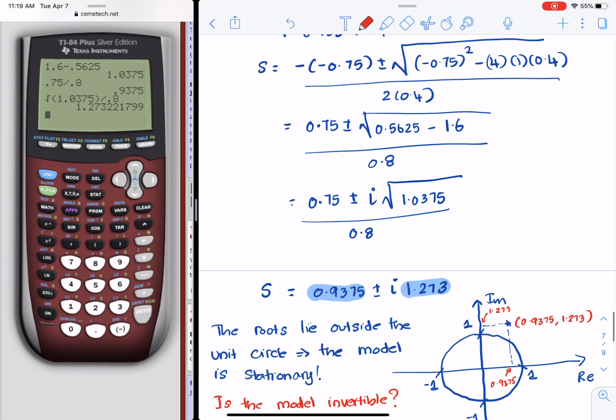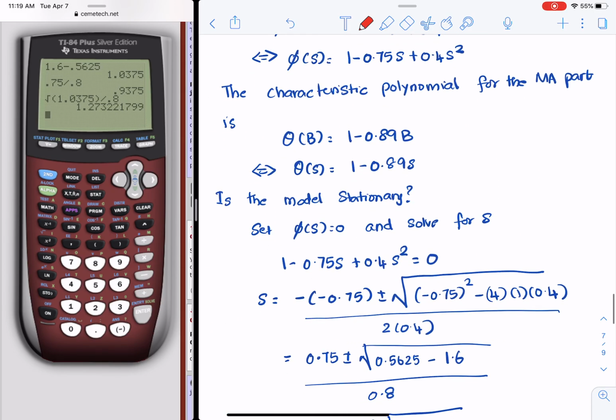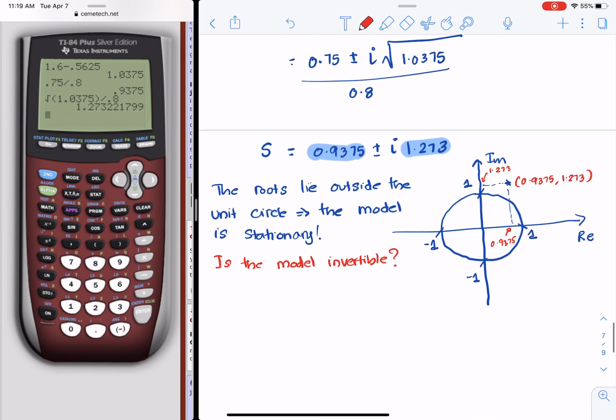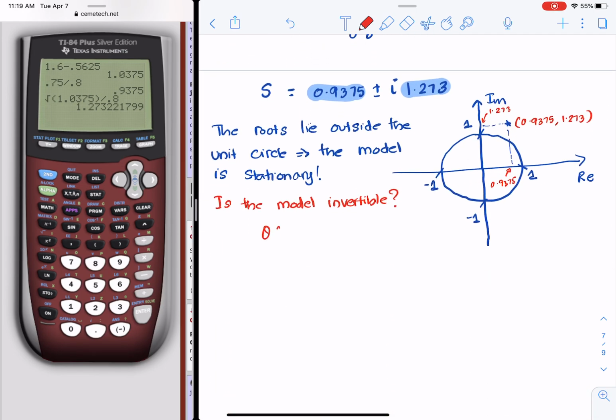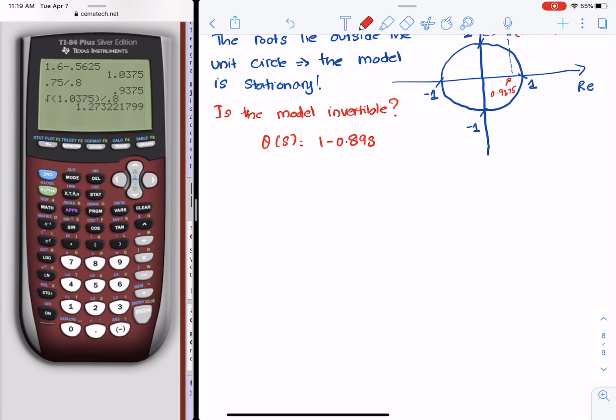Is the model invertible? So we have the characteristic polynomial for the MA part as 1 minus 0.89s. So we have to set theta s equal to 0 and solve for s.